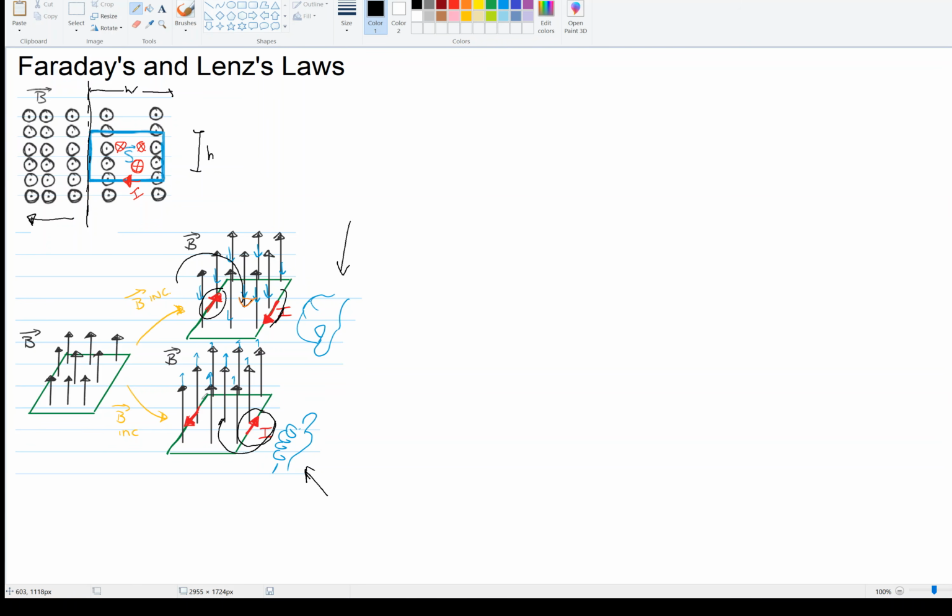In fact, if we looked at this arrow here, we could make the same argument: point your thumb in that direction, curl your fingers, and your fingers come down like this, and then inside the loop your fingers go up. Again, we end up with the same conclusion that this counterclockwise current is adding to that change in magnetic flux.